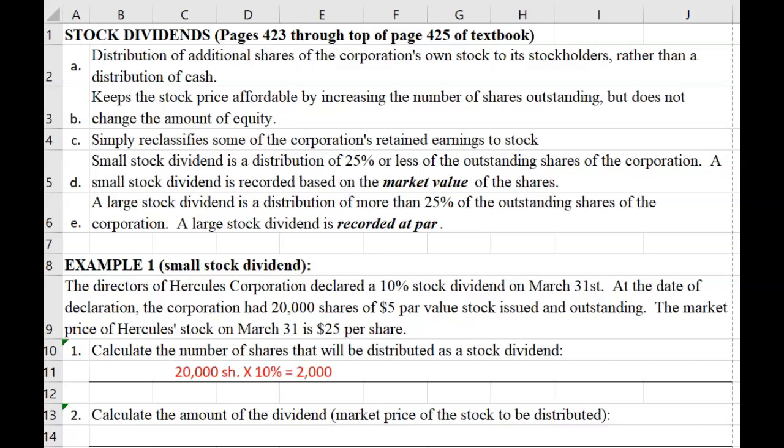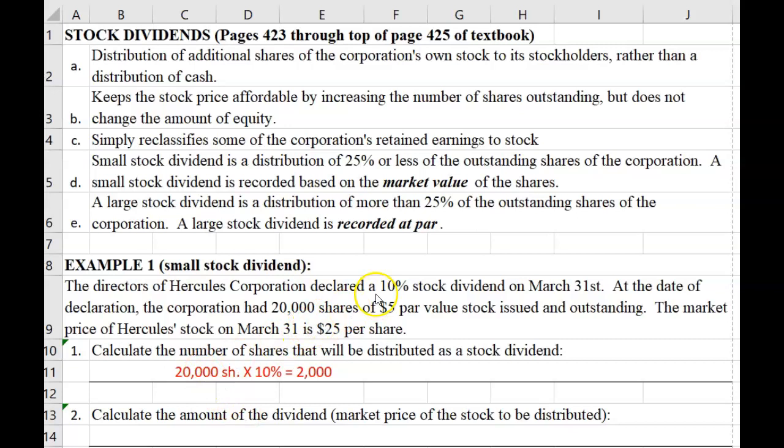There were 20,000 shares issued and outstanding, and the corporation is going to distribute an additional 10%. So 20,000 shares times 10% equals 2,000 shares that will be issued as a stock dividend. Step 2. Calculate the amount of the dividend. And remember, this is a small stock dividend because it is 25% or less of the total outstanding shares of the company.